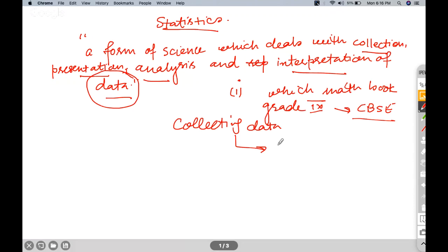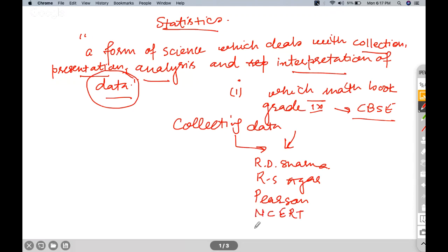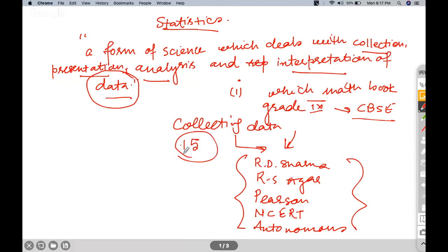I'll go to student after student and ask, which math book do you prefer? Somebody will say R.D. Sharma, somebody R.S. Agarwal, somebody Pearson publication, somebody NCERT, somebody an autonomous board book. So I'll have some good 10-15 categories, and suppose I'm interviewing some 10 lakh people. I have 10 lakh data in front of me.